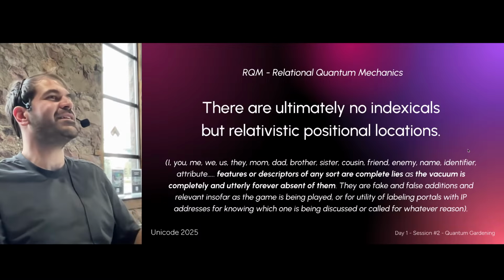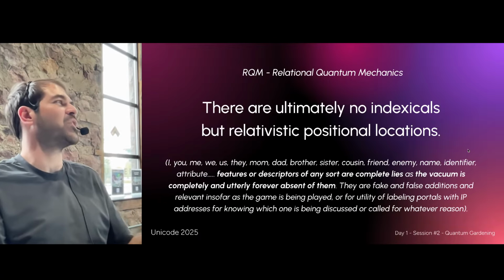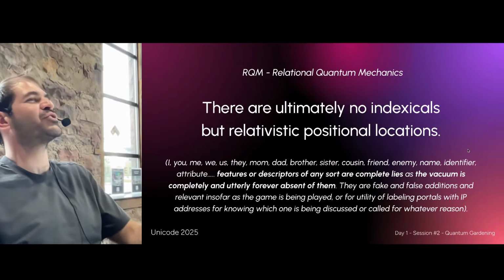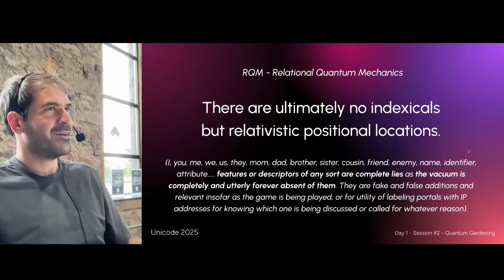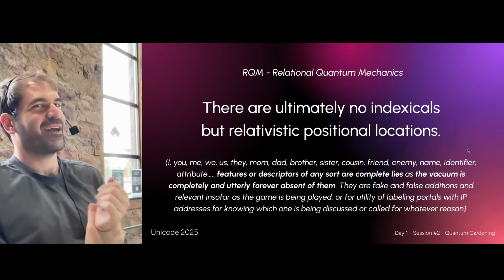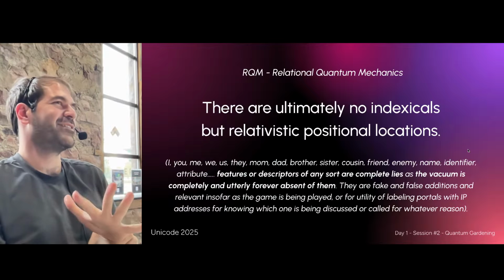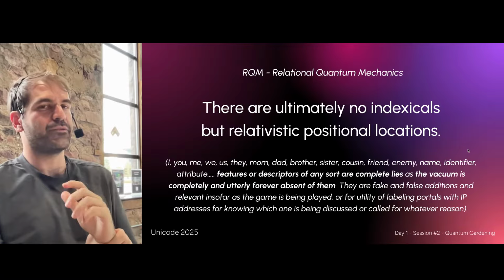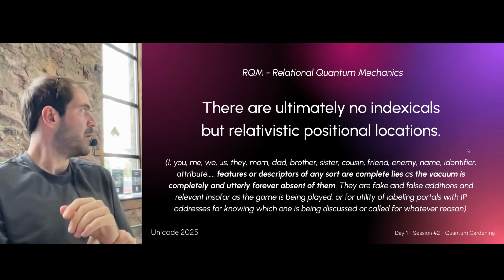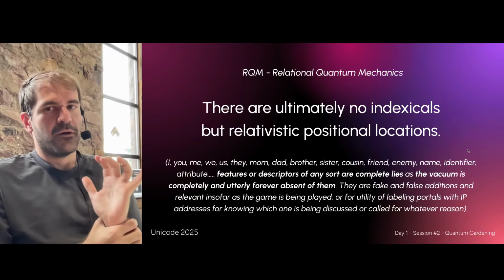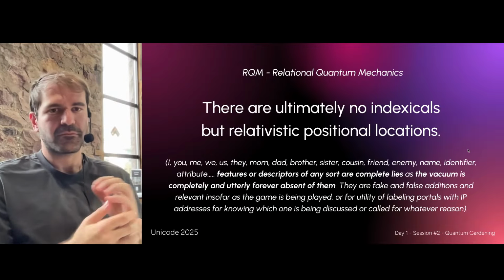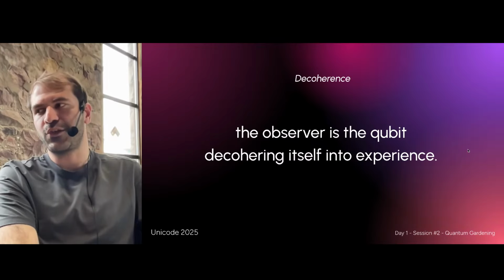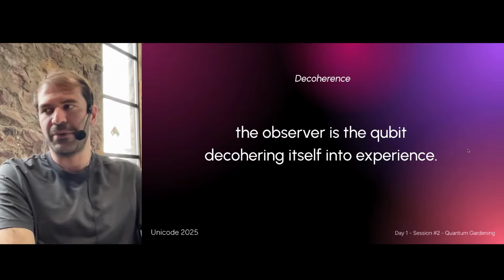So rather than an indexical being a real solid thing, what you want to see it as is something that's extremely playful and malleable. Relational quantum mechanics also deeply, deeply ties into entanglement and singularity. And then decoherence, the observer is the qubit decohering itself into experience.